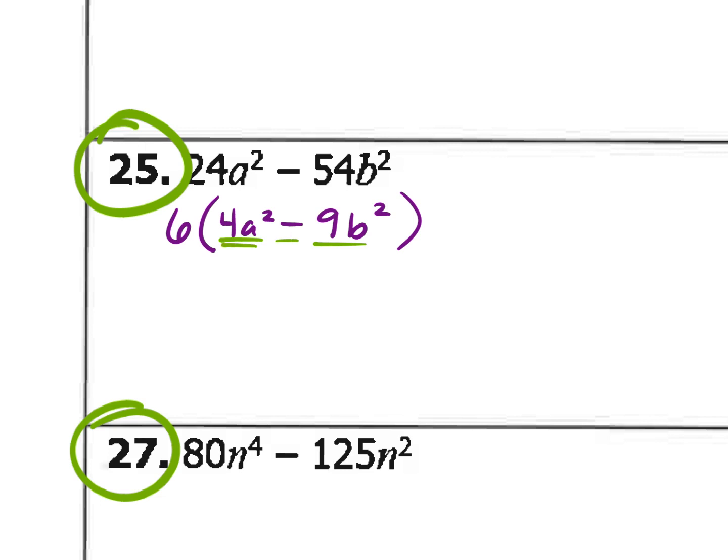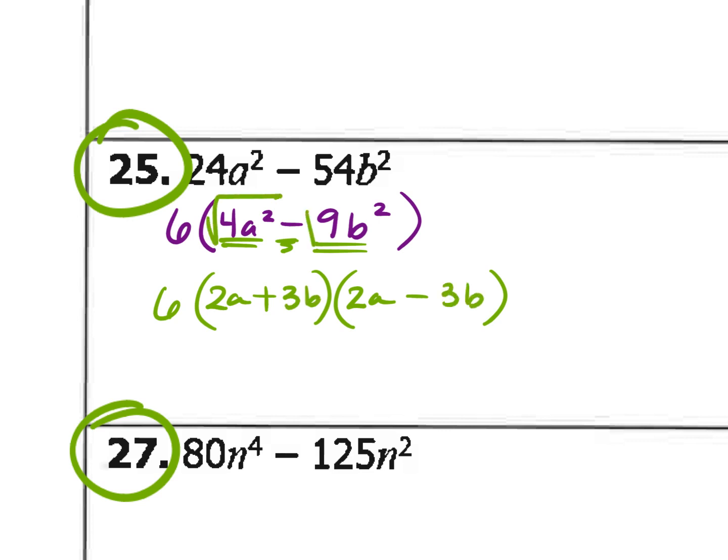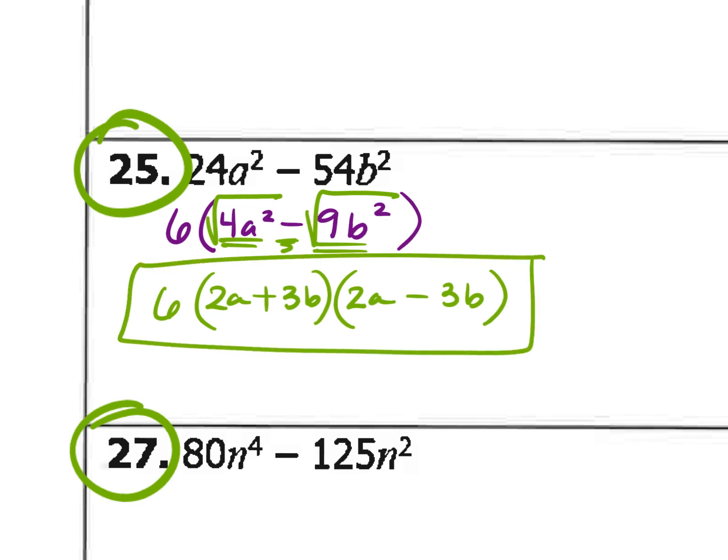That's a perfect square, and that's a perfect square, and it is a difference. So it does work. So you go 6 times, one's going to be plus, one's going to be minus. What'd you get? 2a and 3b. Take the square root of both parts. 4a squared square rooted and 9b squared square rooted. So this is your answer.